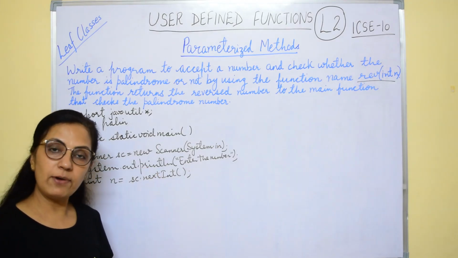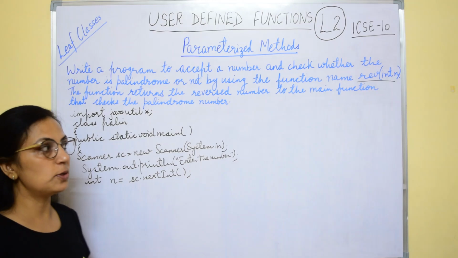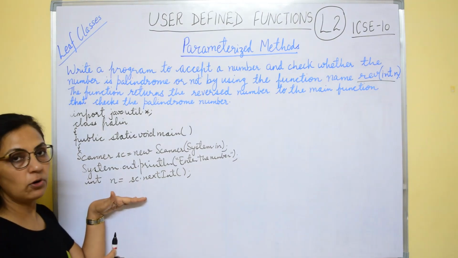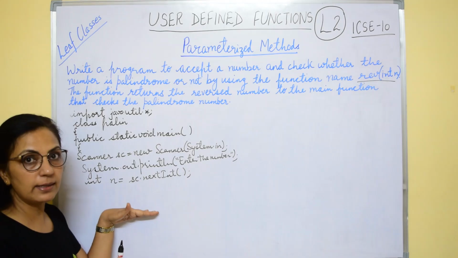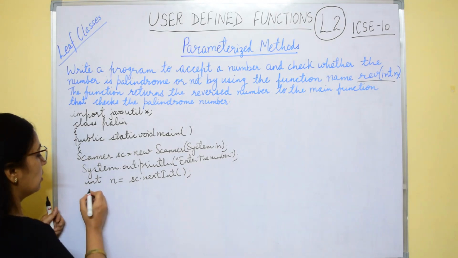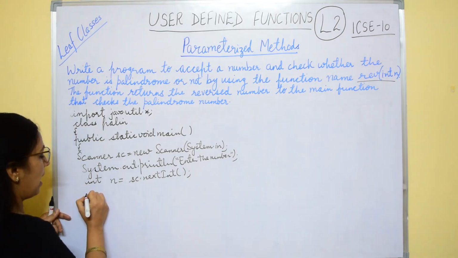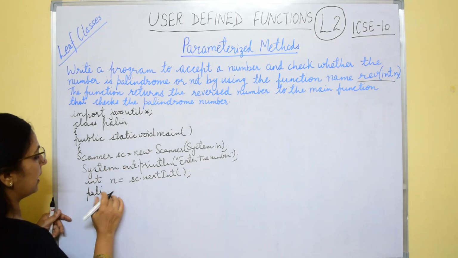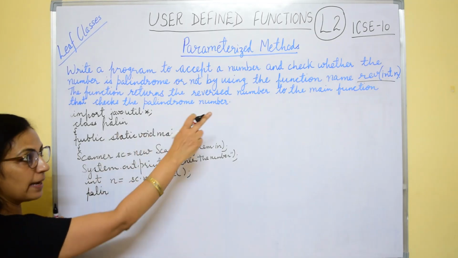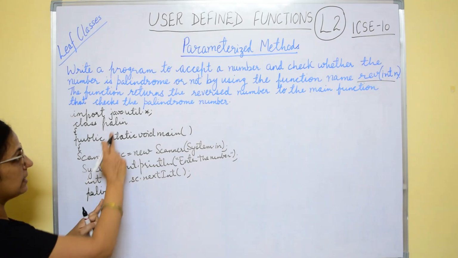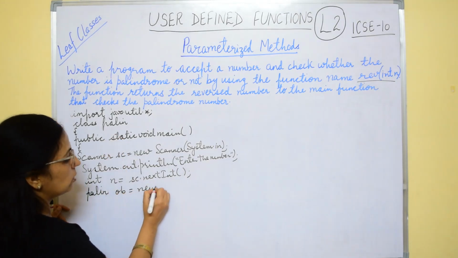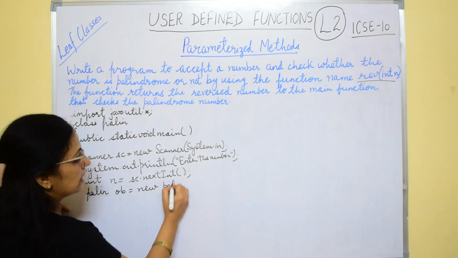For calling the function, we have to create the object. So object creation, anywhere before calling the function, you can use that. So I am writing here, I have to create the object for the class in which I will be writing that function. So the class name is this, ob is the object name equals new class name.